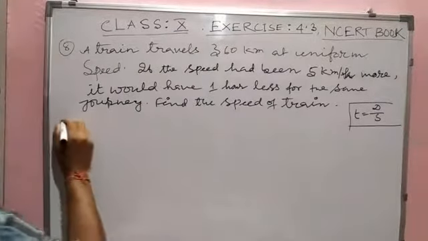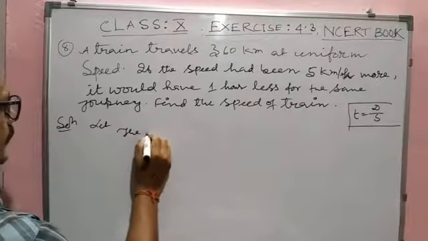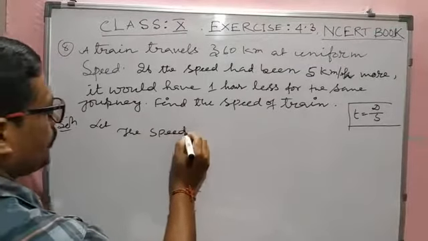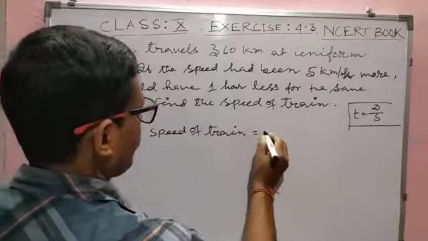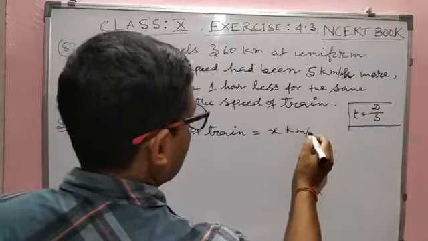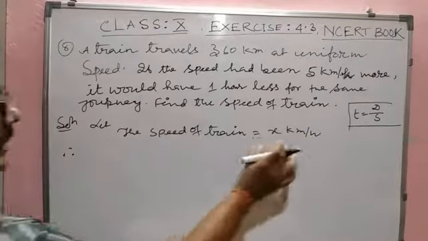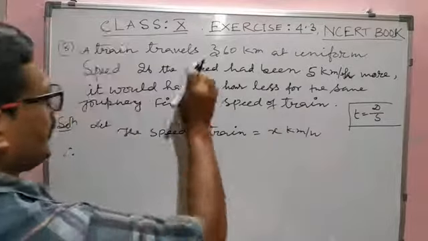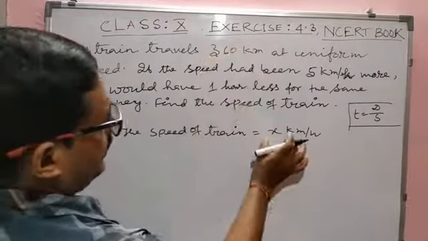So solution, let the speed of train equal x km per hour. Therefore, this is the original speed. Now distance is 360 km. It is traveling 360 km at this speed.